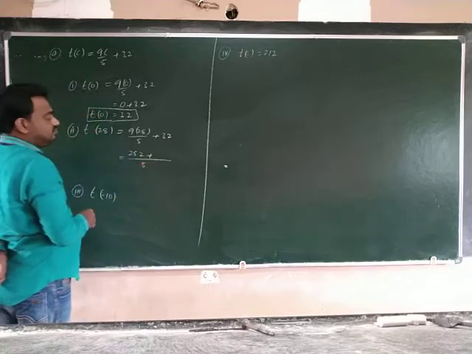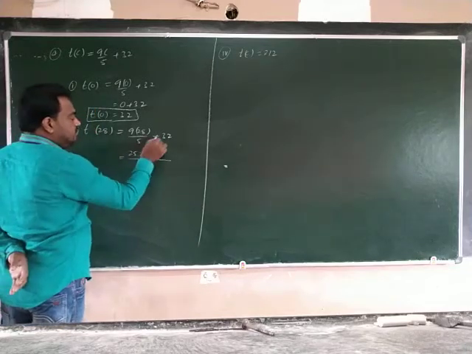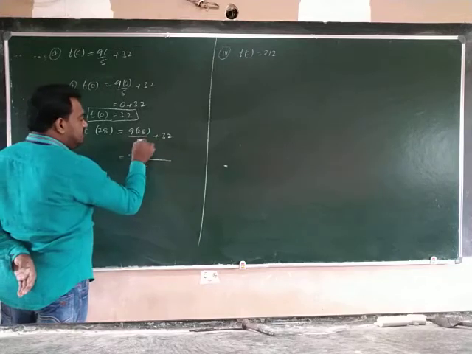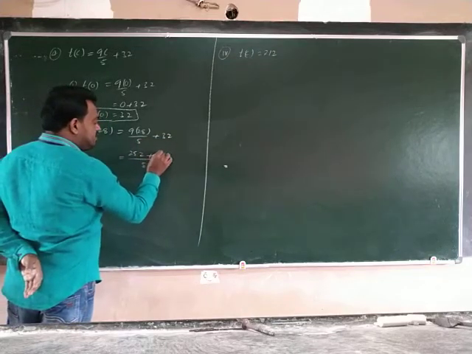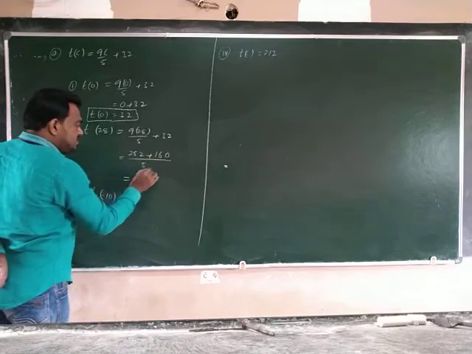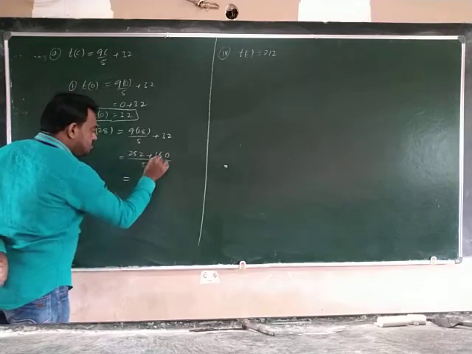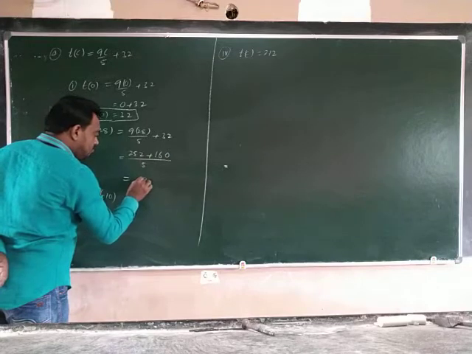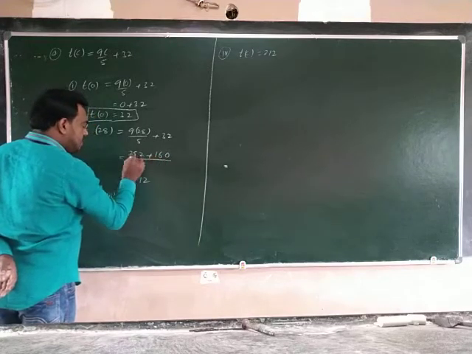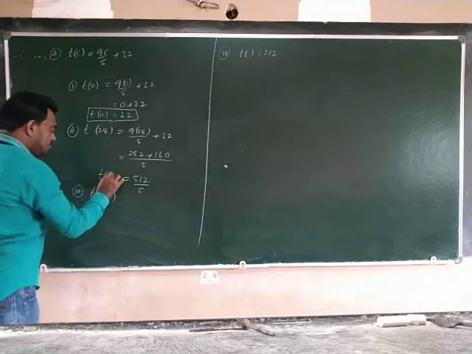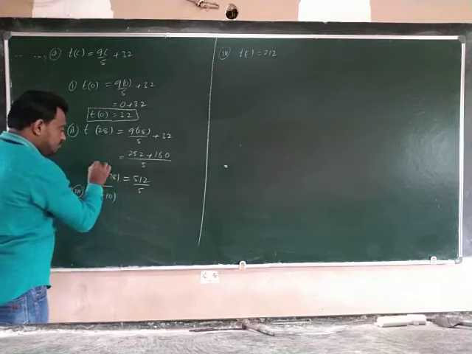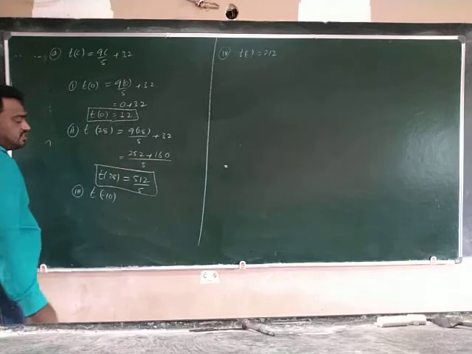Plus 32 into 5, which is 160, so 252 plus 160 is 412, divided by 5.